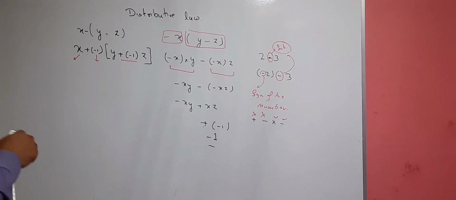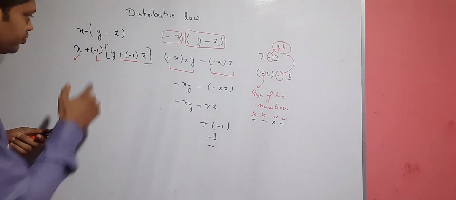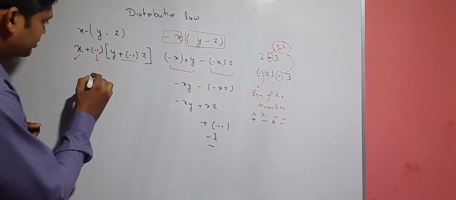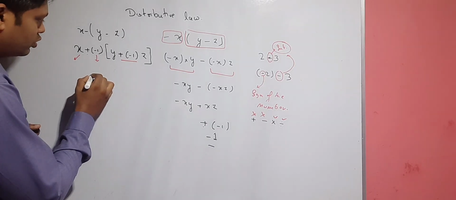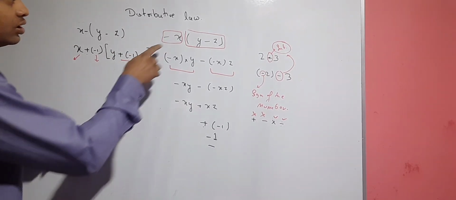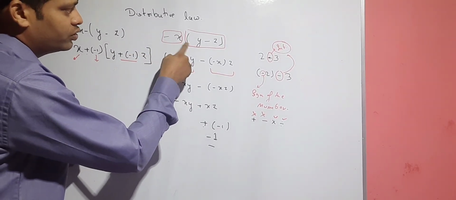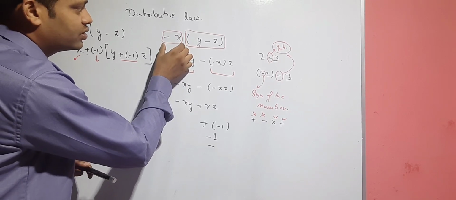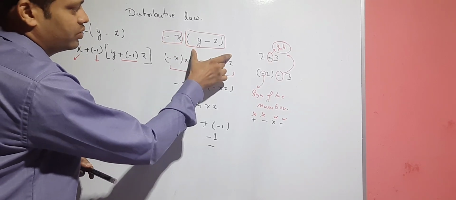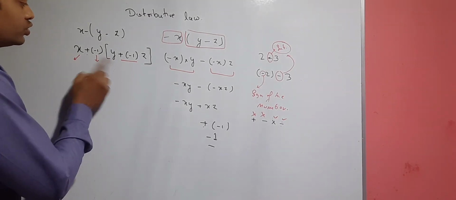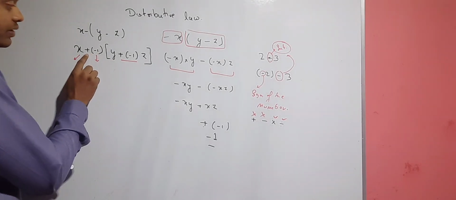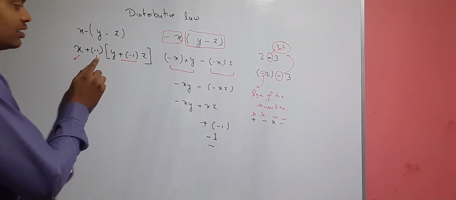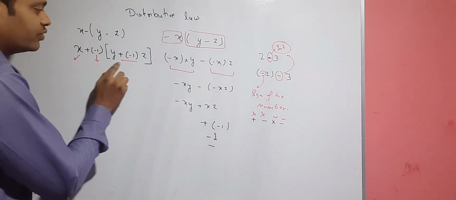One more thing I will show you. If the number is like this, the same way, if it is like this, between these two nothing is there, multiply, so you have to multiply with this complete minus x to this one. But here between these two you have a minus 1 with a plus sign, which means you have to multiply only minus 1 with these brackets.